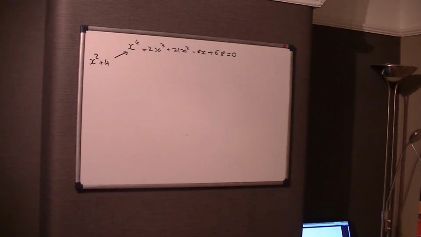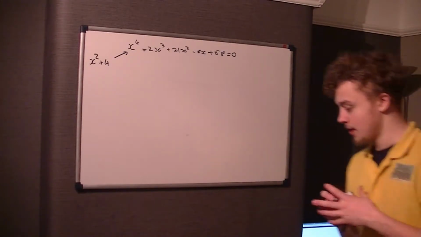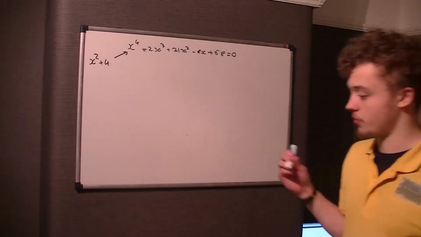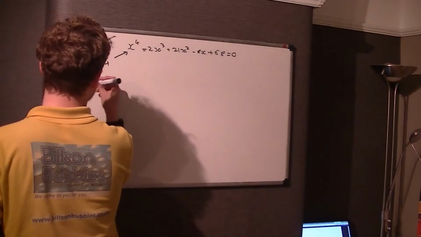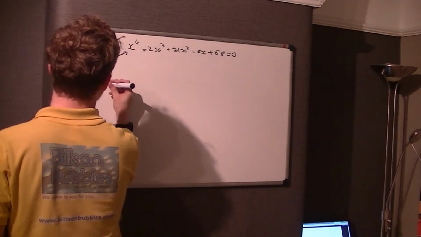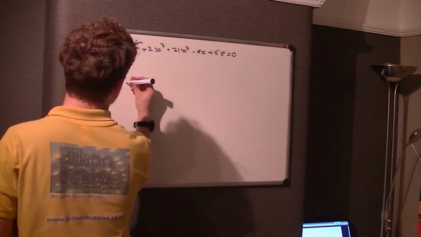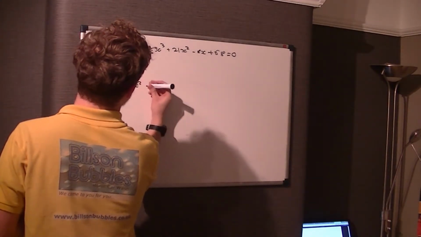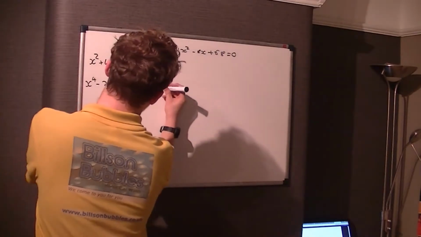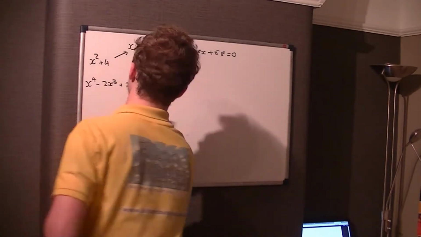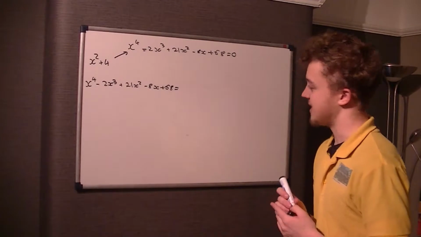I think it's probably better explaining like this. Okay, so I'm going to rewrite out the equation again. So the quartic: x to the power 4, take 2x cubed plus 21x squared, take 8x plus 68. Now I'm not going to put that equal to 0 because what we've got is, this is a factor.